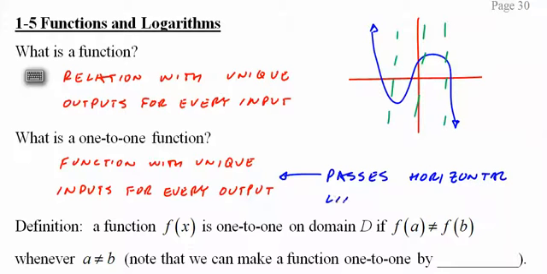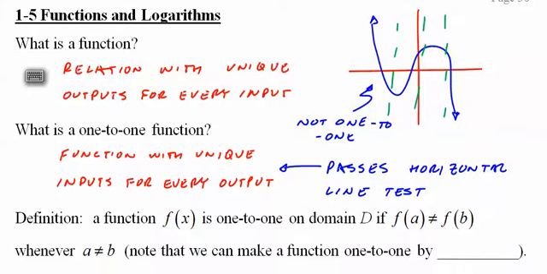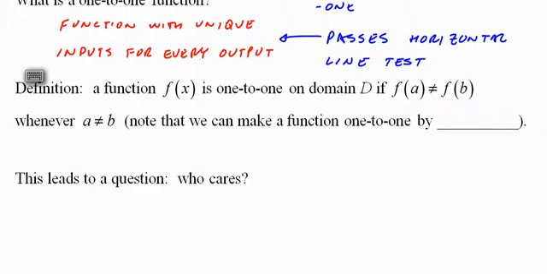For example, this diagram that I've made above, not one-to-one. So definition: functions one-to-one on the domain, and so on. Just showed you what it means.